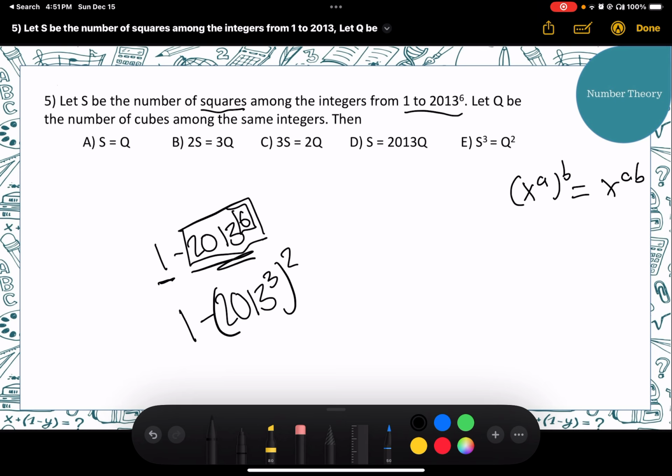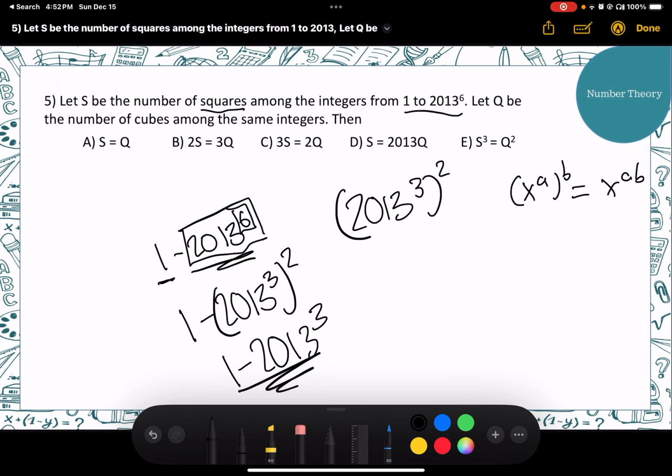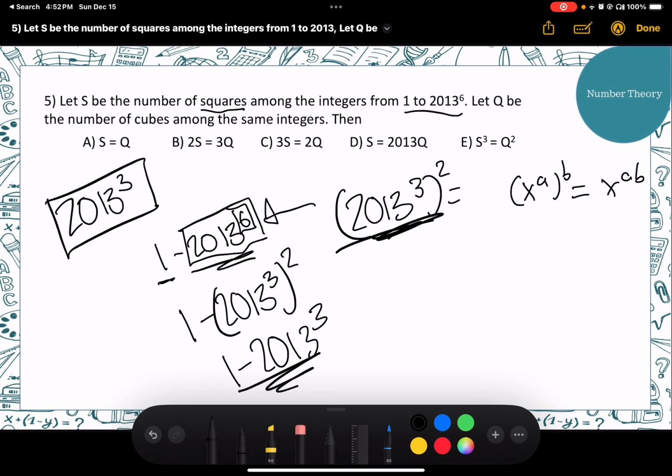These are all the numbers that can be squared, because 2013 to the third squared equals that. So there are this many squares. I'm just going to write it right here. That's how many squares, so equals S.